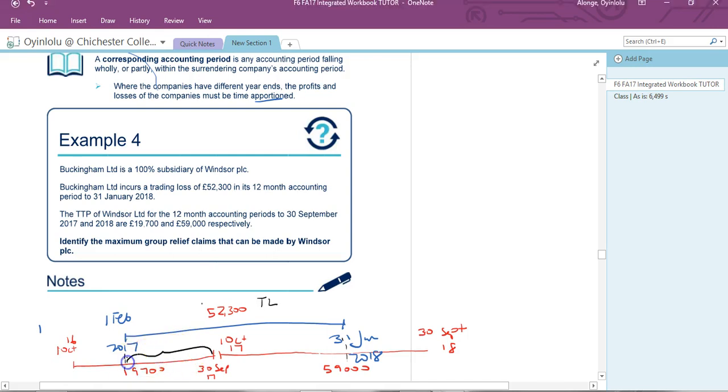But the key point is I need to find exactly this period: February to September, and this is also October, November, December, January. So it's 8 months and 4 months. So I need 8 months of this profit.